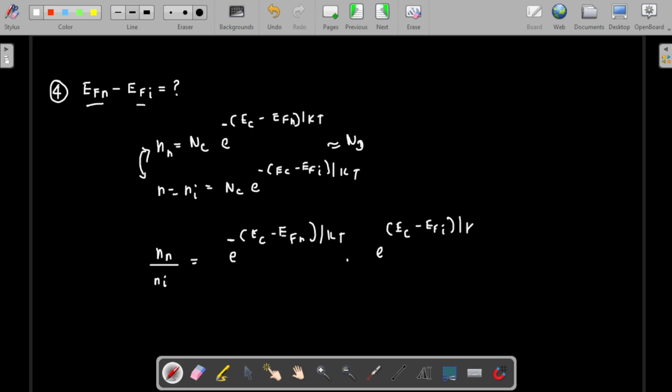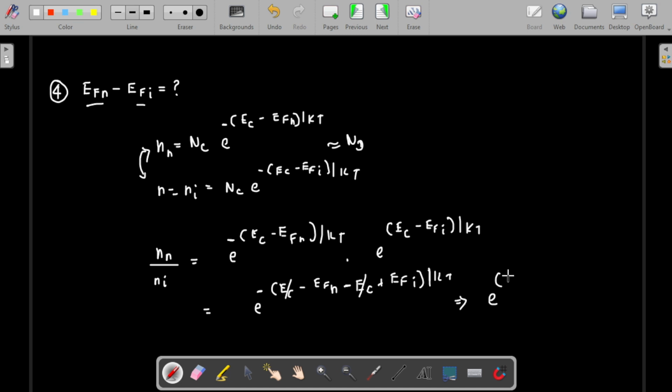Okay, so let's group all the things, because this is in product term, right? So minus (Ec minus EFN), this will become minus because we are taking minus outside. So Ec, this will become plus EFI divided by kT, right? Divided by kT, that is there. So if we cancel this term, this and this will be cancelled, and this will be equal to e power, so let's bring the negative sign inside.